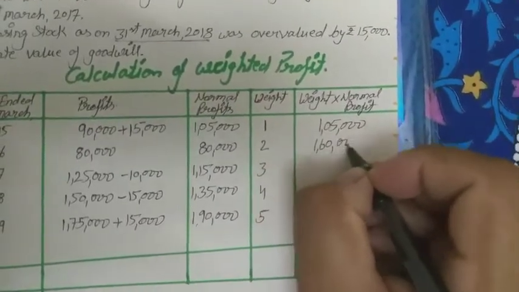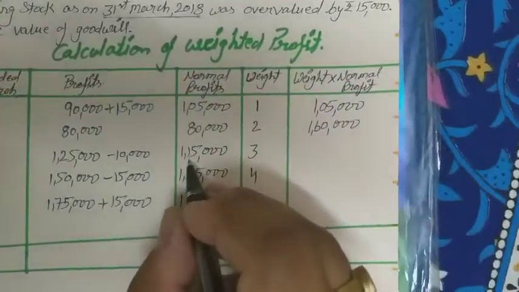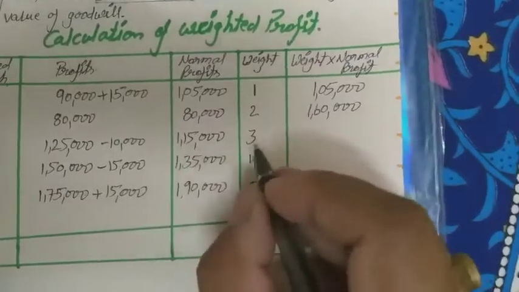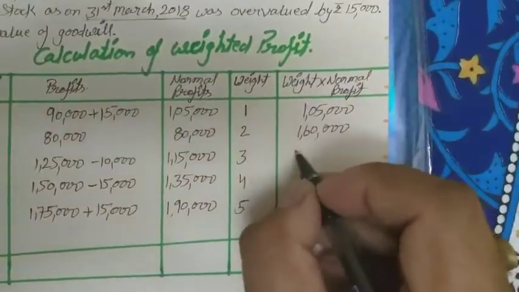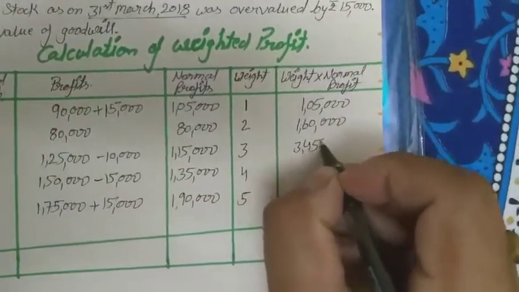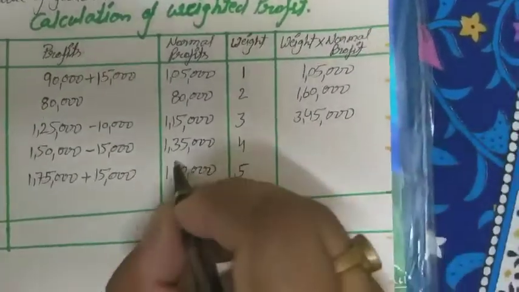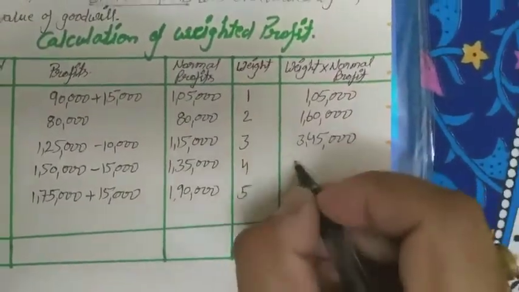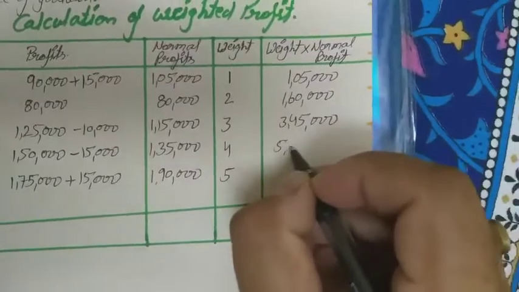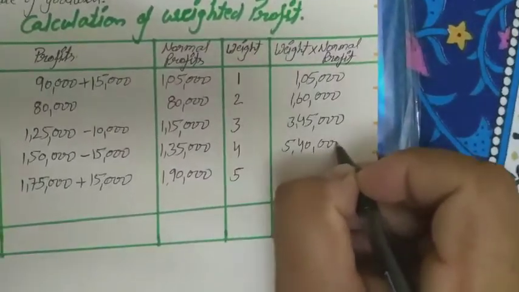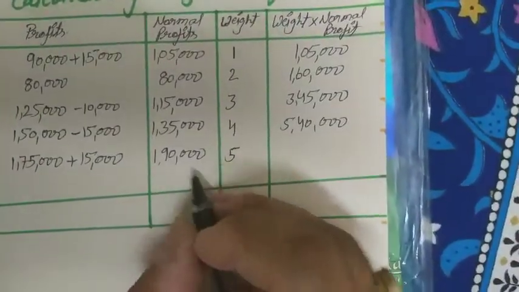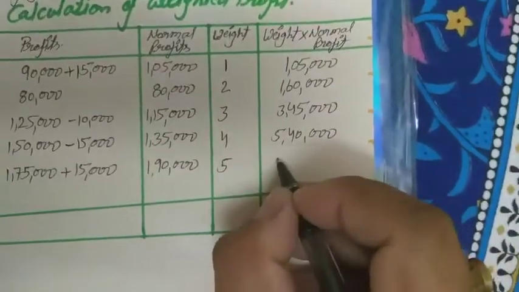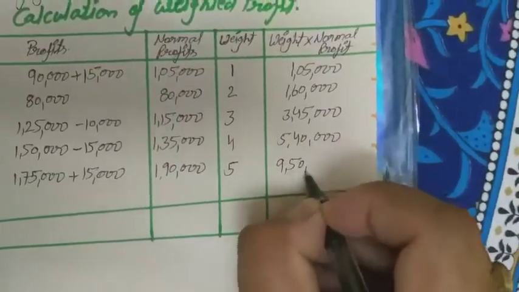If you multiply 80,000 into 2, and multiply 1,15,000 into 3, it gives 3,45,000. If you multiply 1,35,000 by 4, it will equal 5,40,000. And if you multiply 1,90,000 with 5, it is equal to 9,50,000.